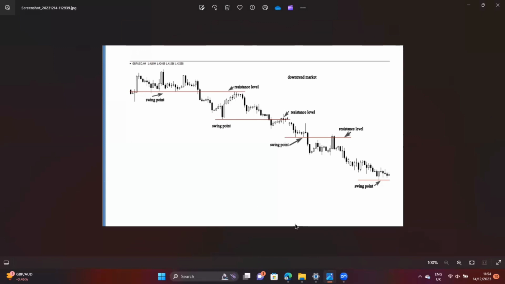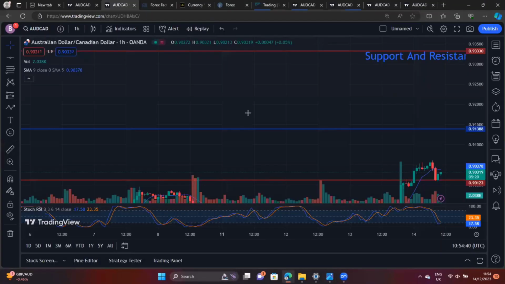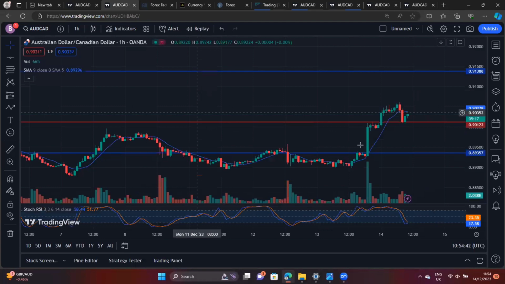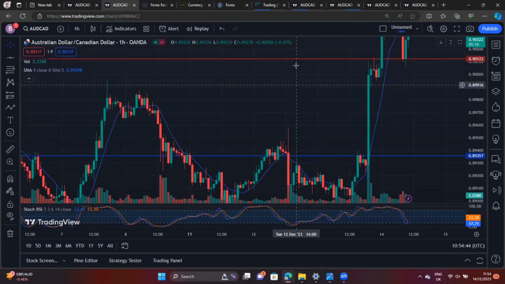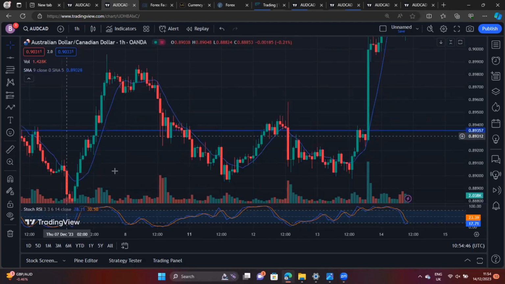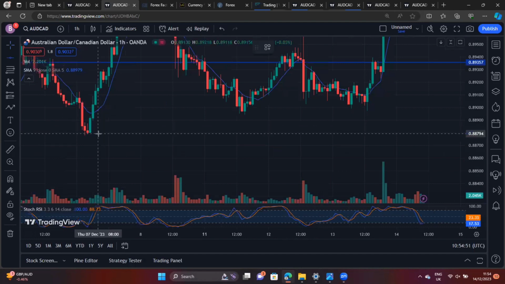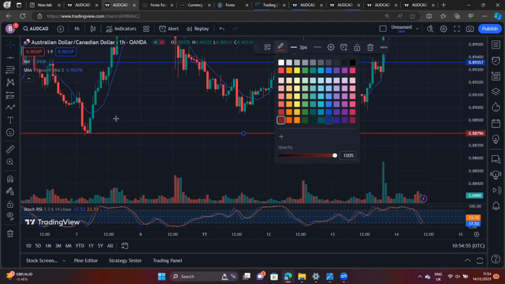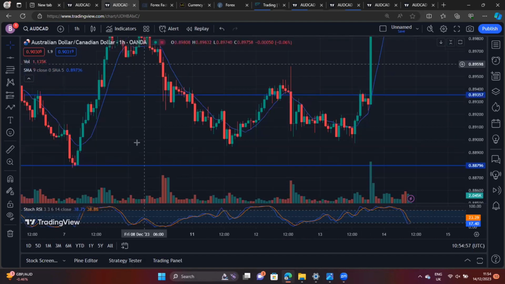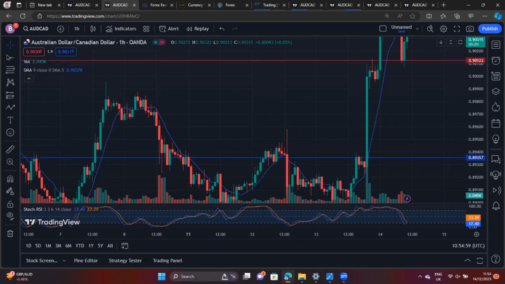So if we have a situation in the financial market where price goes from point A, from a particular support level, let's use this for instance, and goes all the way up to the next resistance. Let's use this for instance.